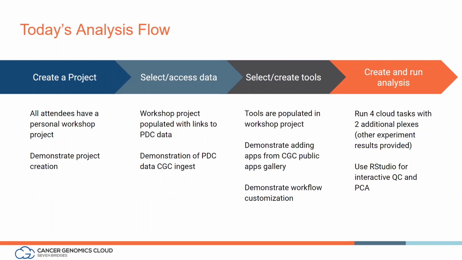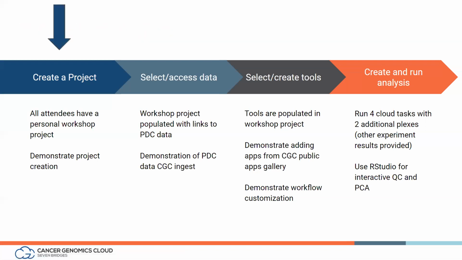That'll be very useful, so we'll demonstrate that later on. Most of the tools have already been added to your workshop project, but they are in the public apps gallery. So in one of the steps, you will get one of the public apps and use it. And finally, we'll run some tasks. We'll do an interactive analysis in RStudio, and we'll also run some batch tasks.